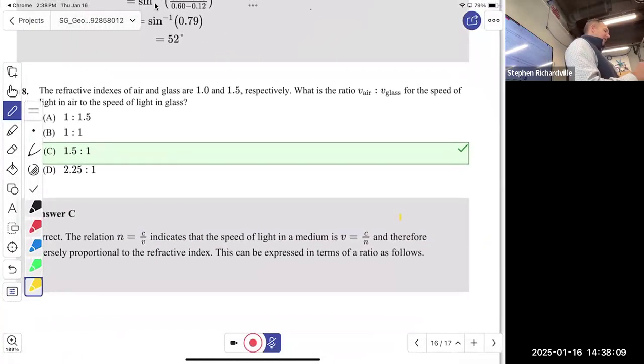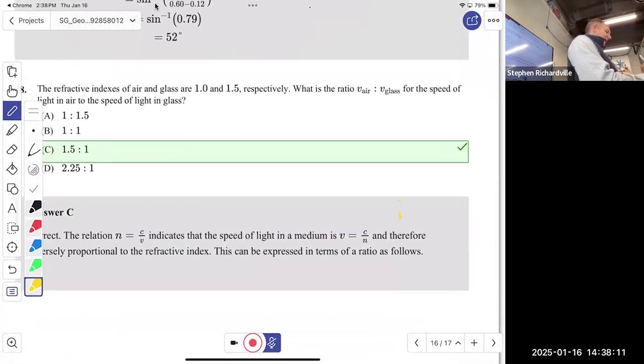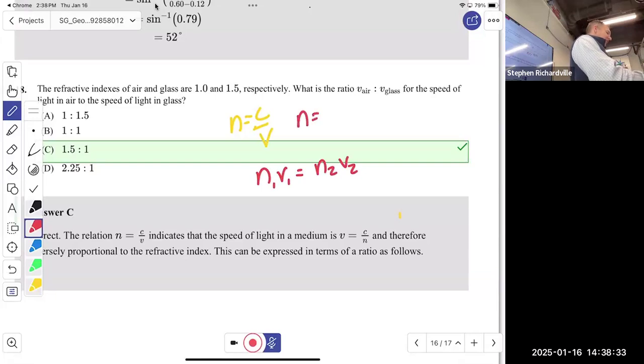What is the ratio of V air to V glass? I know that normally n equals c over v. So for each one, n1 v1 should equal n2 v2, because for the other n, it also equals c over v.